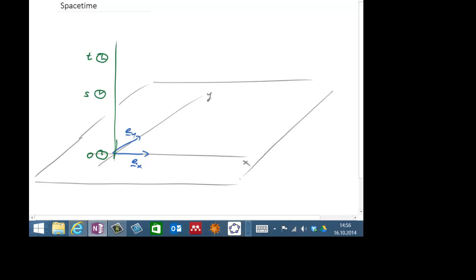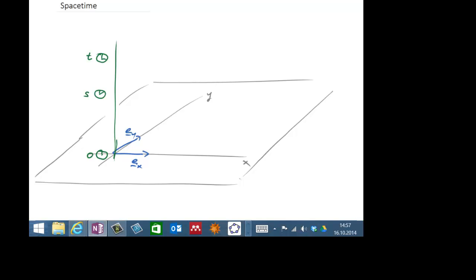So this plane indicates, I should say, that a point in this space-time diagram is now no longer a point in three-dimensional space, but it's an event. So a point in this diagram tells you where it happens and when it happens. And a horizontal plane, as I just drew, are all the events that in my reference frame happen at the same time.